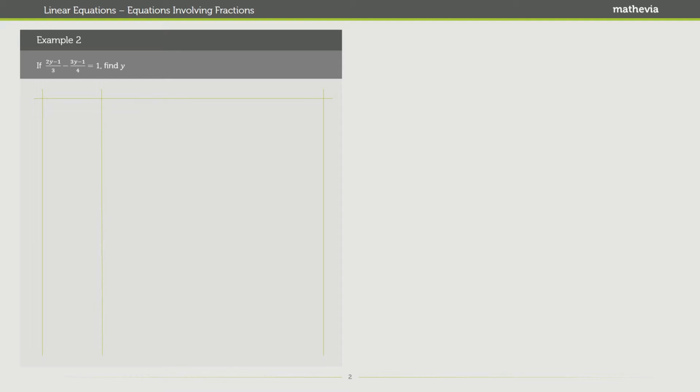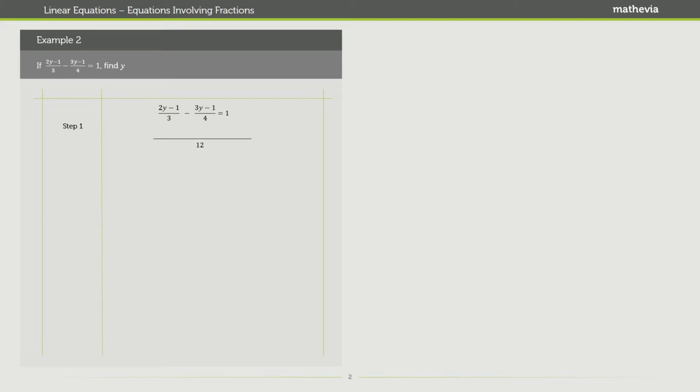So you have 2y minus 1 over 3 minus 3y minus 1 over 4 equals a whole number. When you have two fractions in play on one side of the equal sign, it's usually better to find a common denominator.